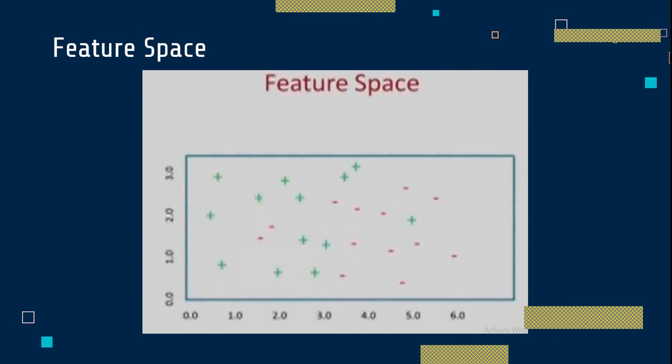Now, the next topic is feature space. What is the feature space? We already saw what a feature is. The features are the observed values, whatever observed values you select in your data set. In the previous example, when we considered the data set for the used car, my observations are different, your observations will be different, and a third person's observations will be different for deciding the price of the car.